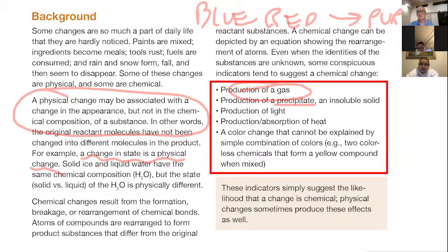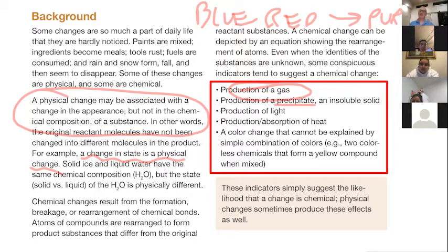Or precipitation? What does precipitation mean? What's the most common thing you think of when you hear the term precipitation? Rain, right? So what does rain do? It comes down. It falls, right?